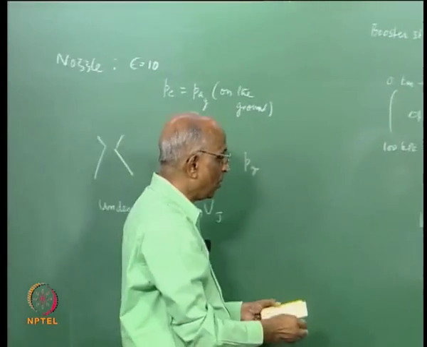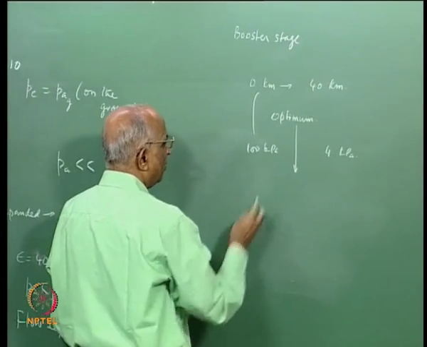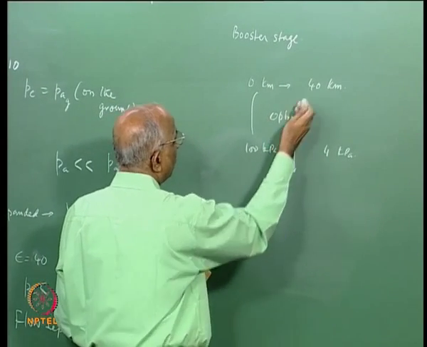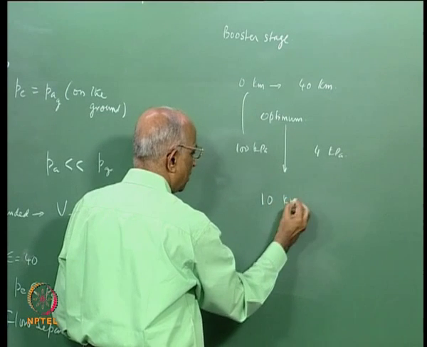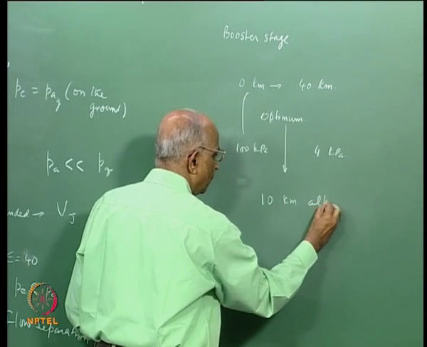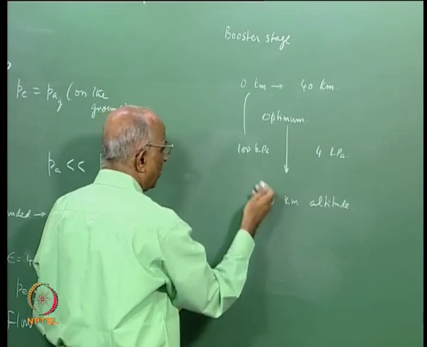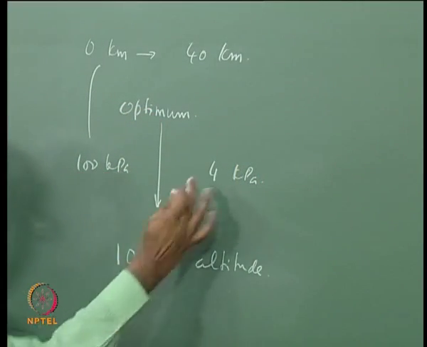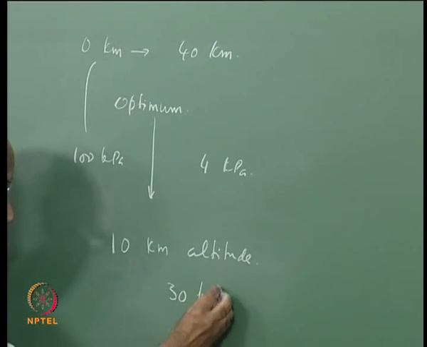Therefore, I make the nozzle such that for an intermediate altitude, let us say between these two, maybe I have to fly to 40 kilometers, I design my nozzle for a 10 kilometer altitude, in which case the pressure may be somewhat different from 100 and 4, maybe something like nearer to 30 kPa.